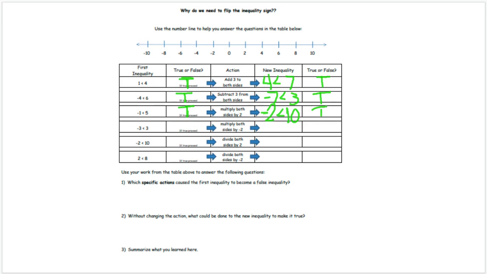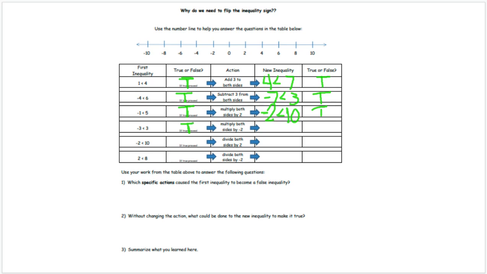-3 is less than 3. Well, -3 is less than 3. That is true. Here it says multiply both sides by -2. Okay, so apparently there's a difference. I noticed that multiplying by +2 didn't make a difference, but maybe multiplying by -2 will.